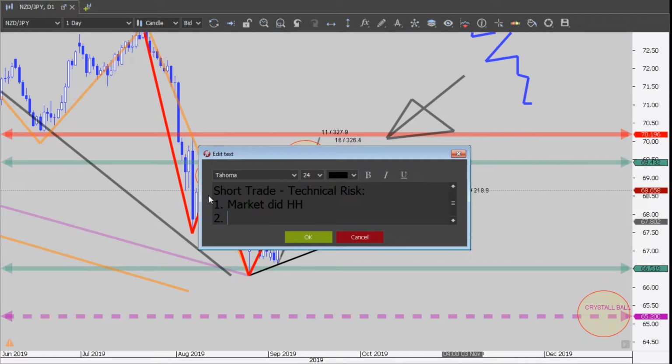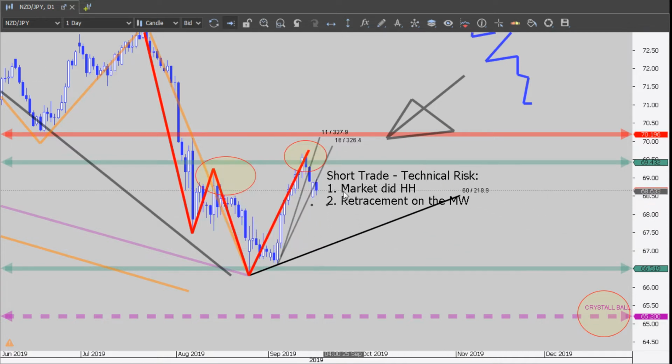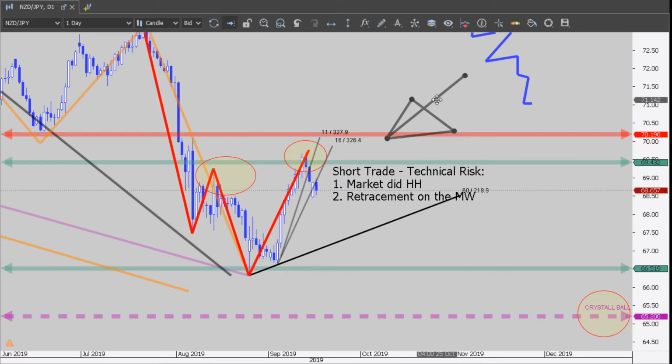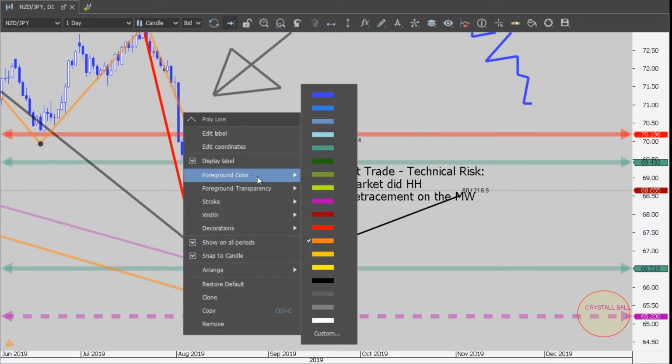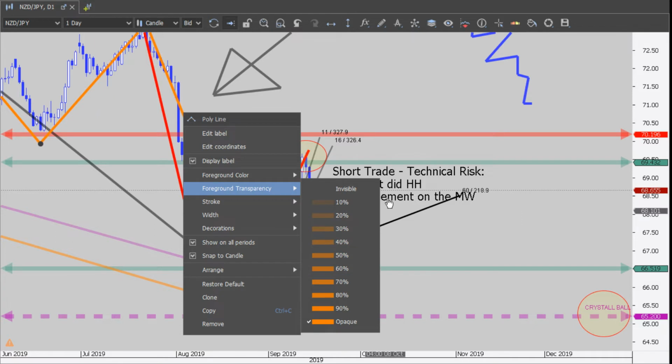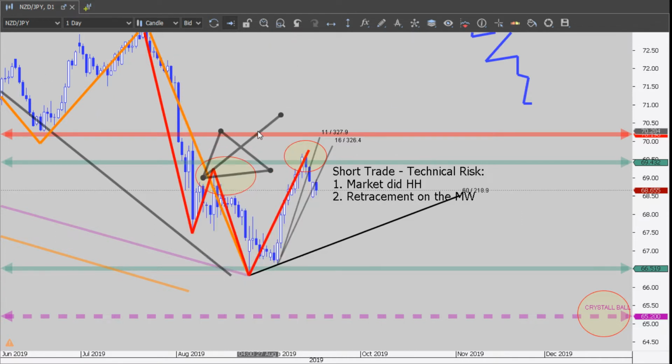Number two, retracement on the MW, market wave. For the ones who are short, this is your technical risk right now. Maybe tomorrow is going to be a different story, but right now, technical risk: market did a higher high, HH, and you have a retracement on the orange. On the orange, this is the extension, you have a retracement on the MW, stands for market wave.